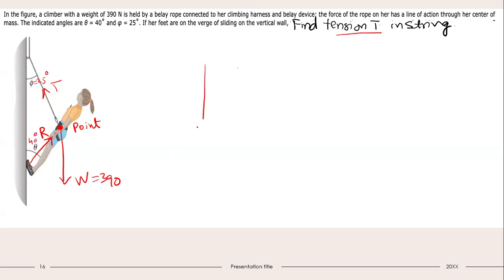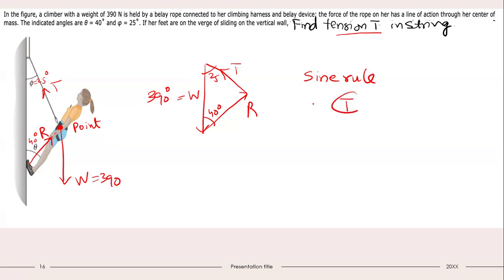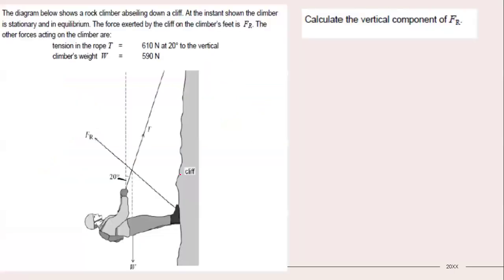So you can make the triangle with the weight, then this R, and then this T, with this angle 25 degrees, this angle 40 degrees, and the weight of the person 390. Of course, using the sine rule, you can find out the tension in this string.